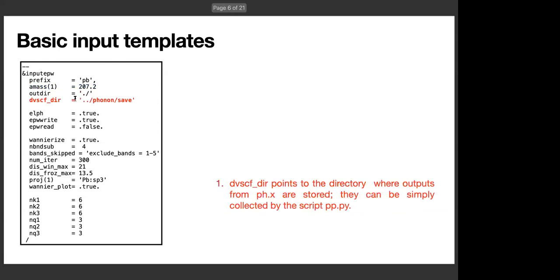The next one is the dvscf directory. As the name means, this dvscf directory points to the directory where output from phonon calculations are stored, and all of the necessary output from phonon calculations can be simply collected by the simple script pp.py.